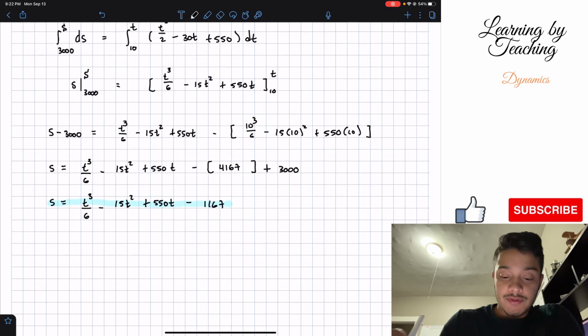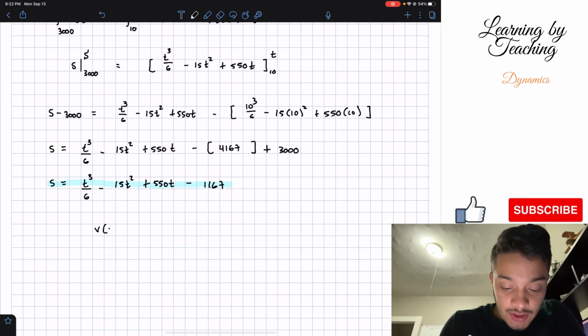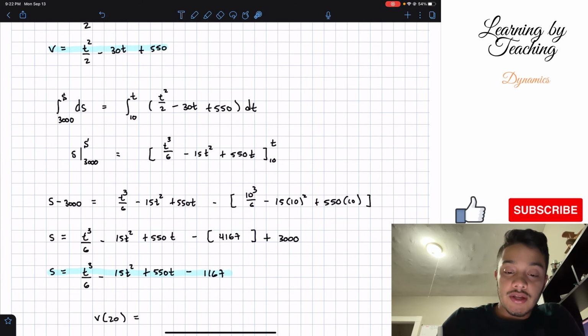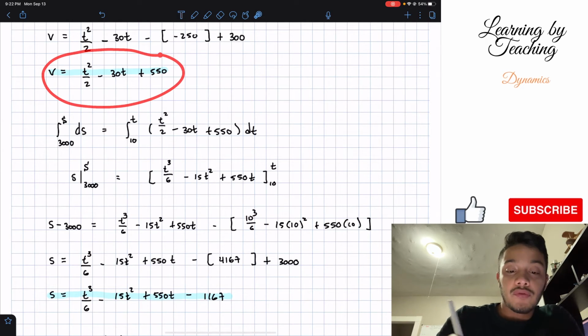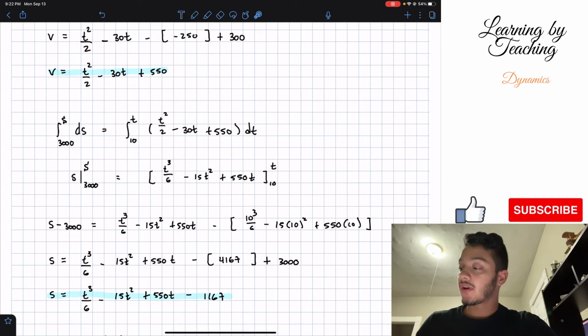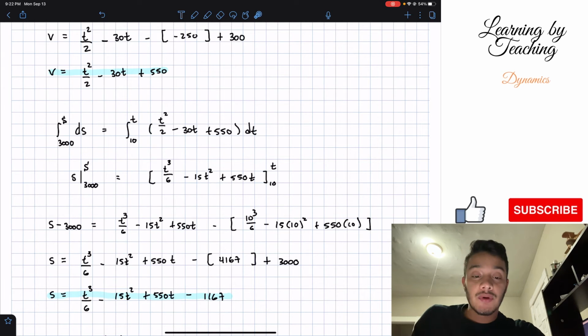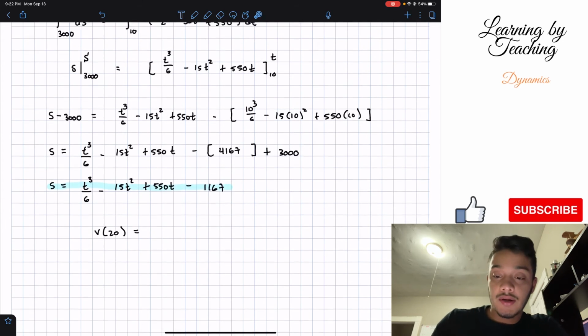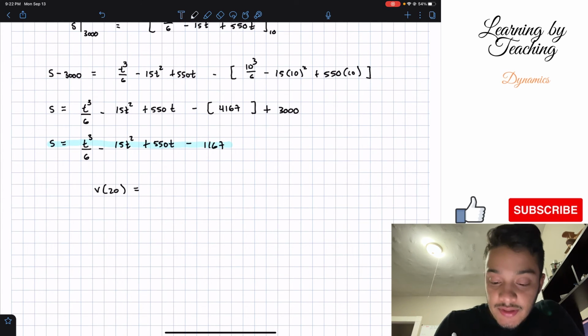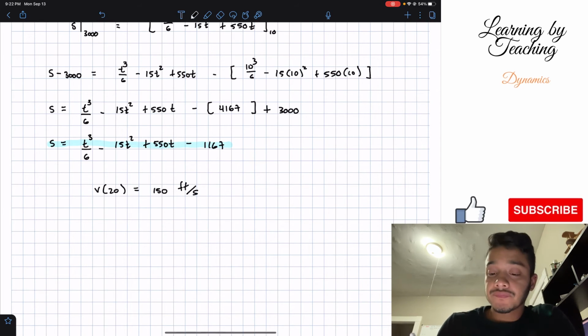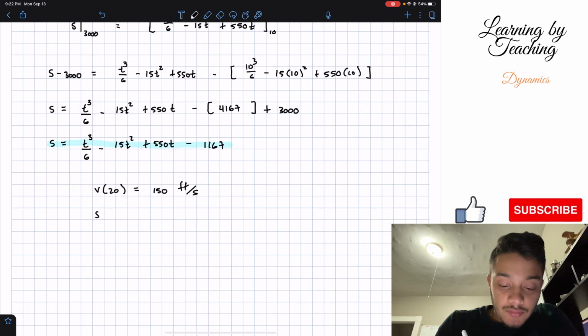So if we do that, we're going to do velocity when time is equal to 20. What is this equal to? So we're going to take this equation and we're going to put t equal to 20. Okay, so we're gonna have 20 squared divided by 2 minus 30 times 20 plus 550, and if we plug that into our calculator, we will see that that's equal to 150 feet per second. Okay, and also we're going to do the same for our position.